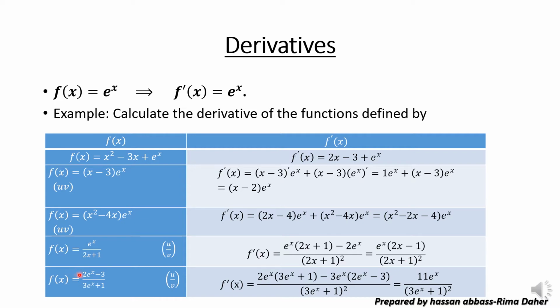If f of x is in the form of 2e^x minus 3 over 3e^x plus 1, f prime of x equal u prime, the derivative of u 2e^x minus 3, 2e^x into v 3e^x plus 1 minus v prime, the derivative of 3e^x plus 1, 3e^x into u 2e^x minus 3 over v squared.